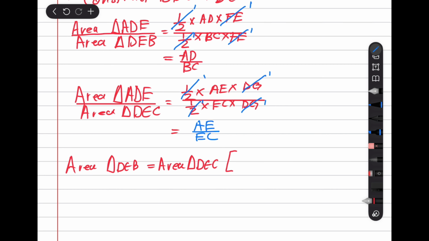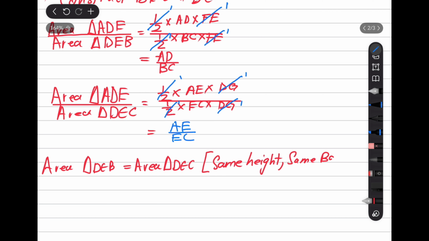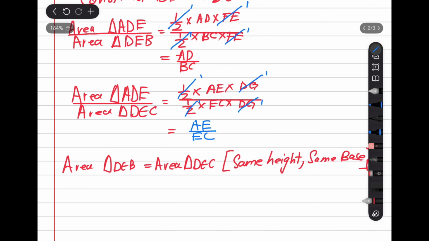We have just said that these two triangles have the same height, since they are within two parallel lines. And also they have the same base because they share the same base, which is DE. So these two triangles here, they are sharing the same base and height.